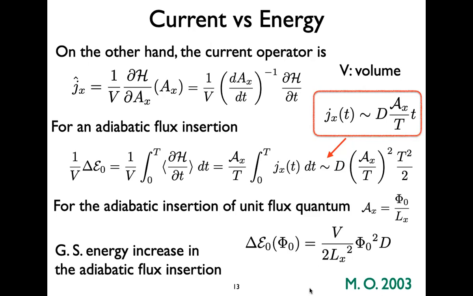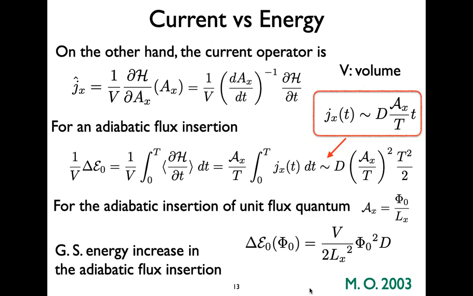Then this time derivative of the Hamiltonian integrated over time is equal to the energy increase during this process. Starting from the initial state, you apply the electric field pulse over a very long time period. But anyway, from the initial state to the final state, in general, the state changes. Then energy can increase. So on the right-hand side, you obtain this energy increase during this flux insertion process.